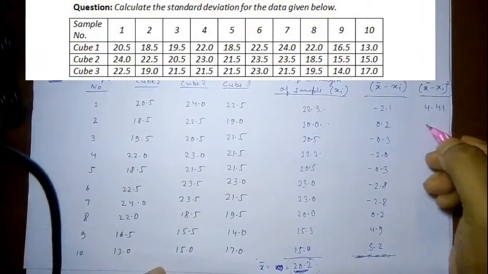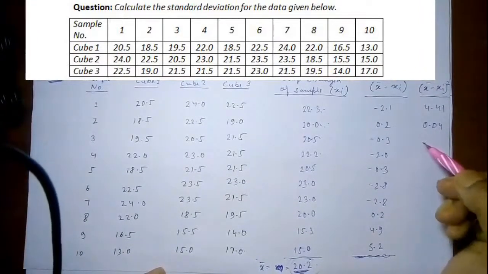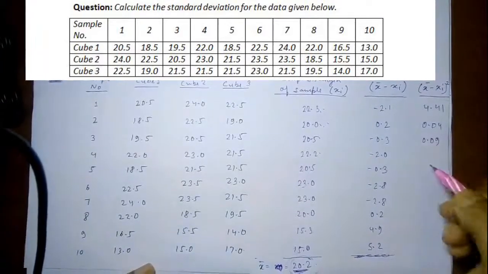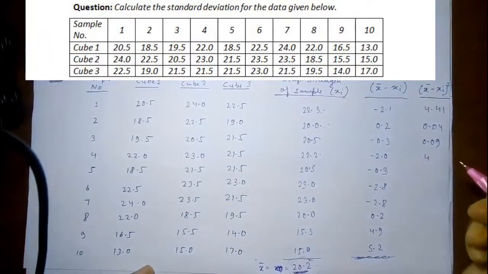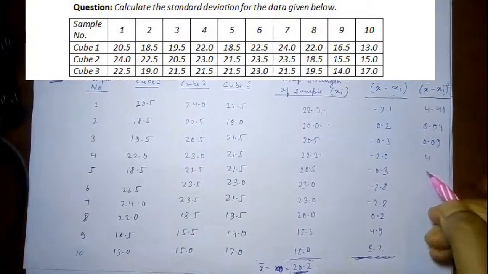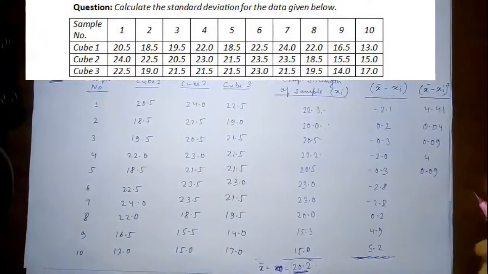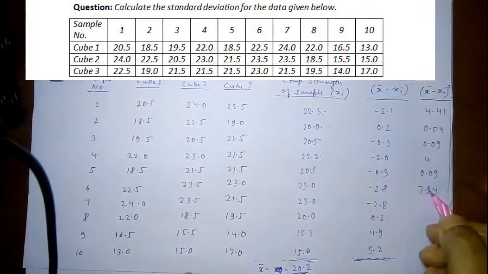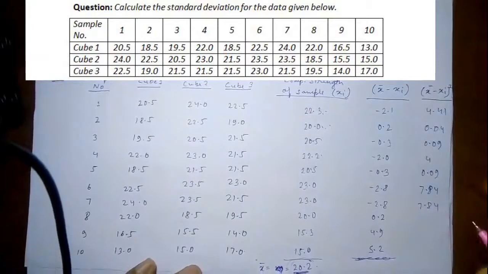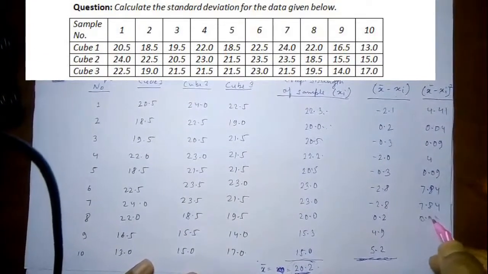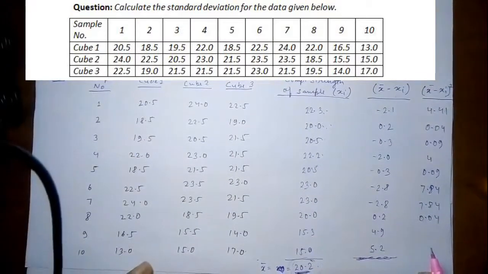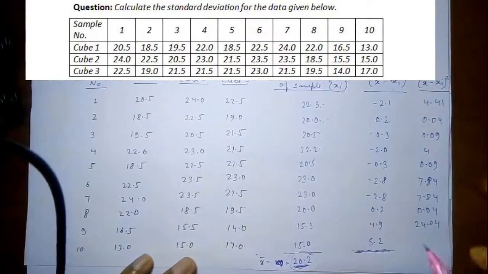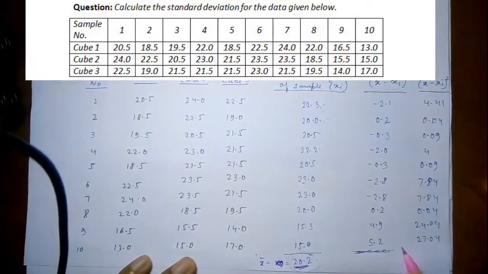So 0.2 squared will be 0.04, 0.3 squared will be 0.09, minus 2 squared will be 4, minus 0.3 squared will be 0.09, minus 2.8 squared will be 7.84, again minus 2.8 squared will be 7.84, 0.2 squared will be 0.04, 4.9 squared will be 24.04, and 5.2 squared will be 27.04.